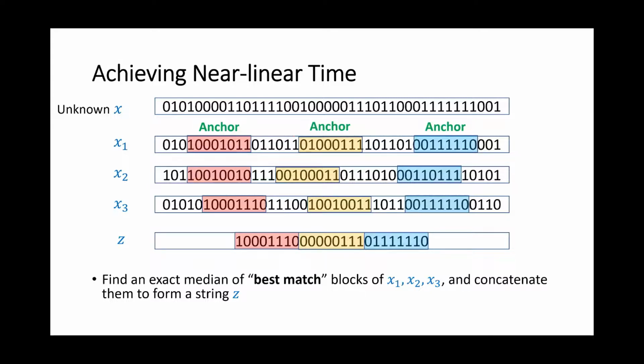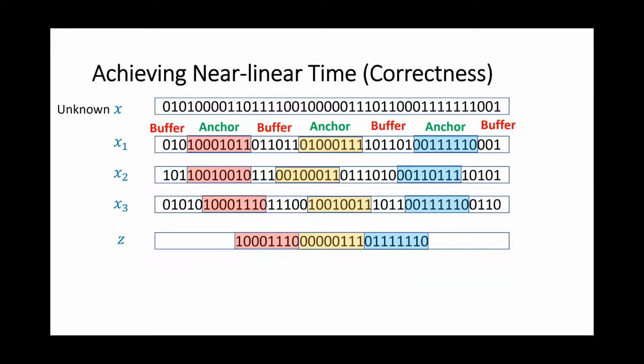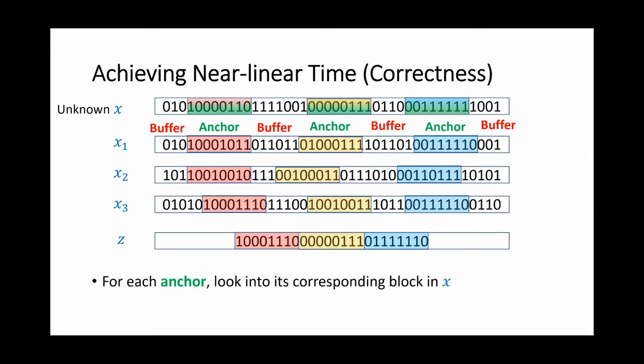Well, so now why does it work? So first, let's see. For each anchor, look into its corresponding block in X. Okay, so for this anchor, this is the corresponding block. That means from this block, using insertion deletion noise, I get this particular anchor.